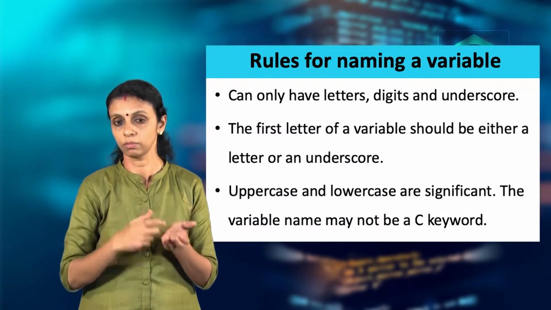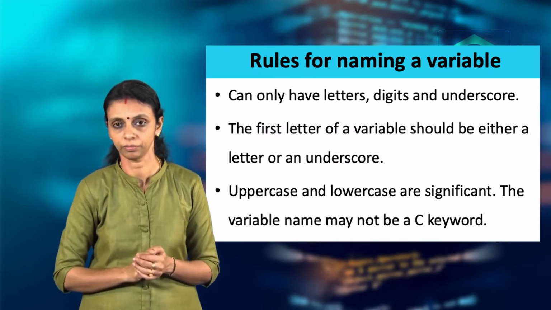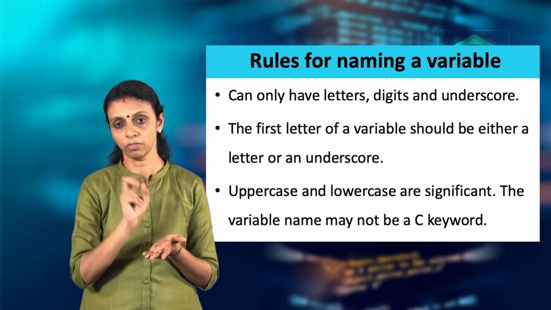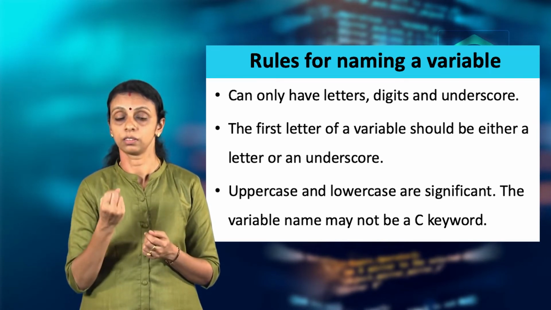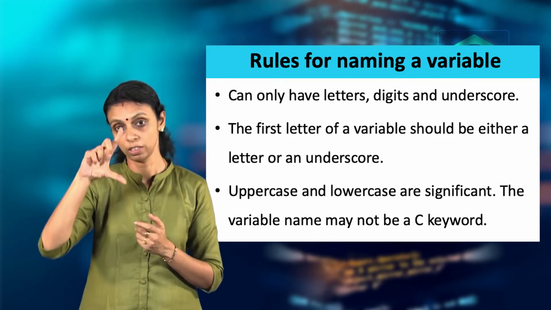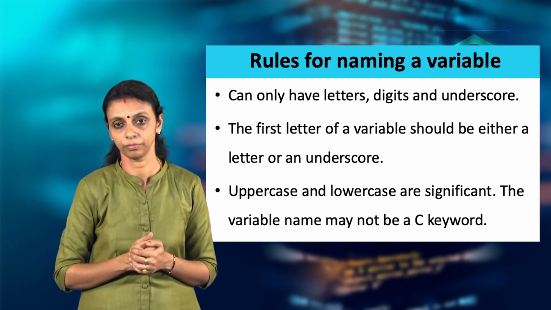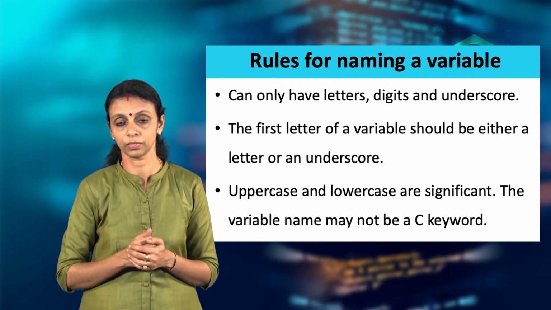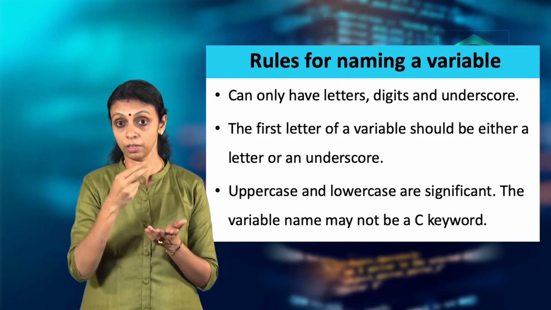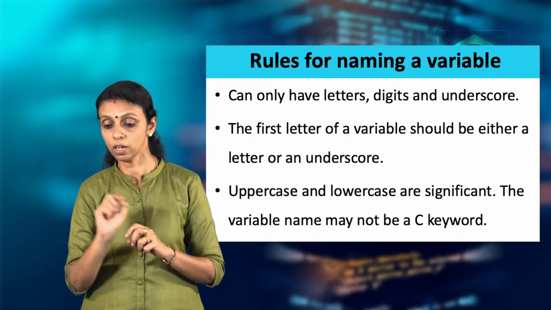Rules for naming a variable. There are some rules to name a variable. A variable name can only have letters, both uppercase and lowercase, digits and underscore. The first letter of a variable should be either a letter or an underscore.